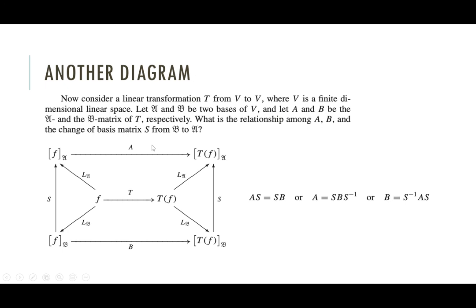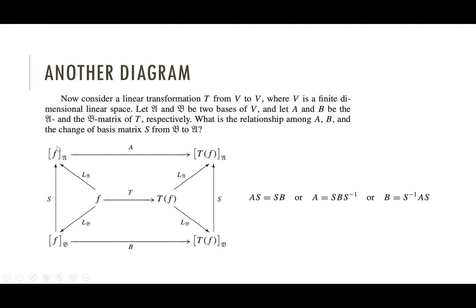Similarly, if you want to find A, you do S inverse B S. And then, S then A is the same as doing B then S. That's what this is saying here. S then A is the same as doing B then S.